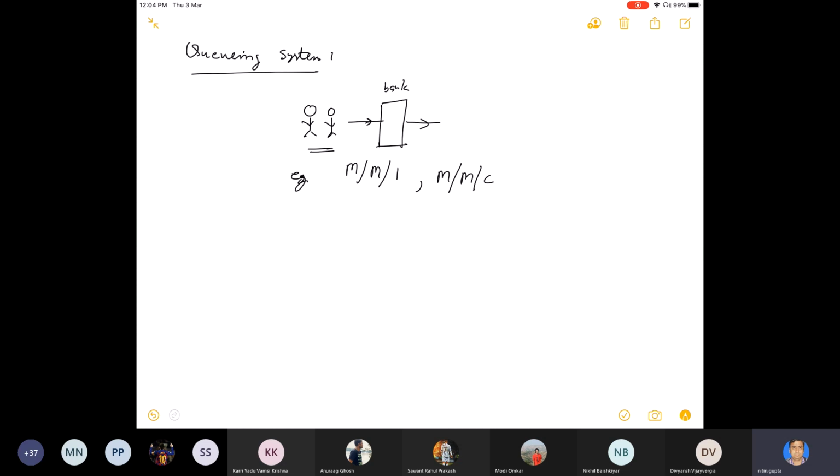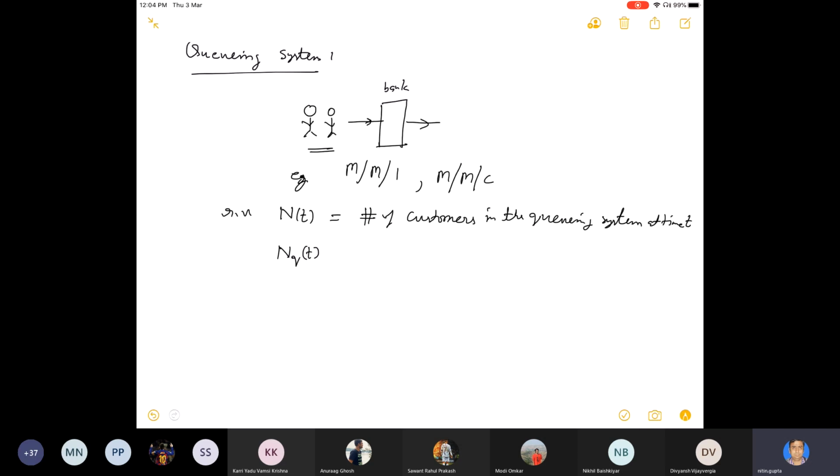So what are basically the random variables involved here? N(t) is the number of customers in the queuing system at time t.